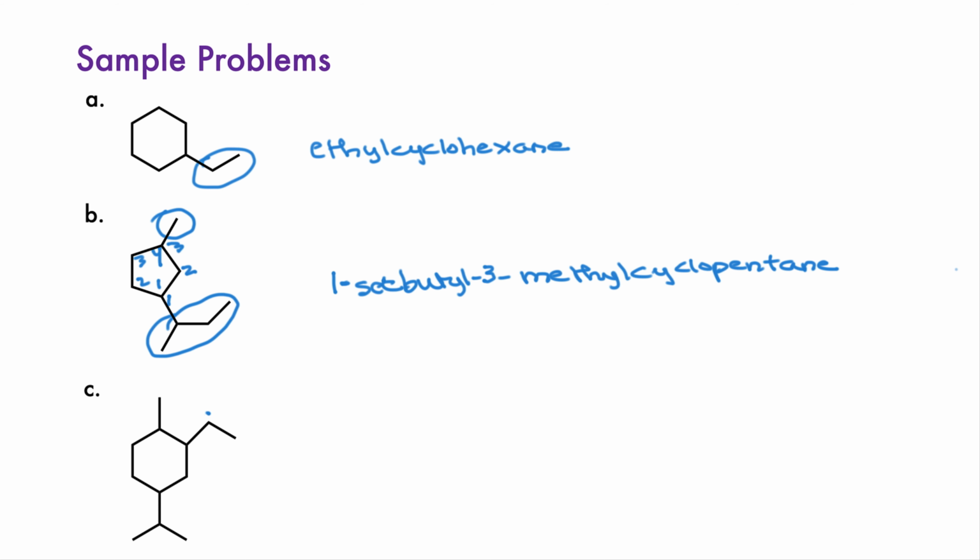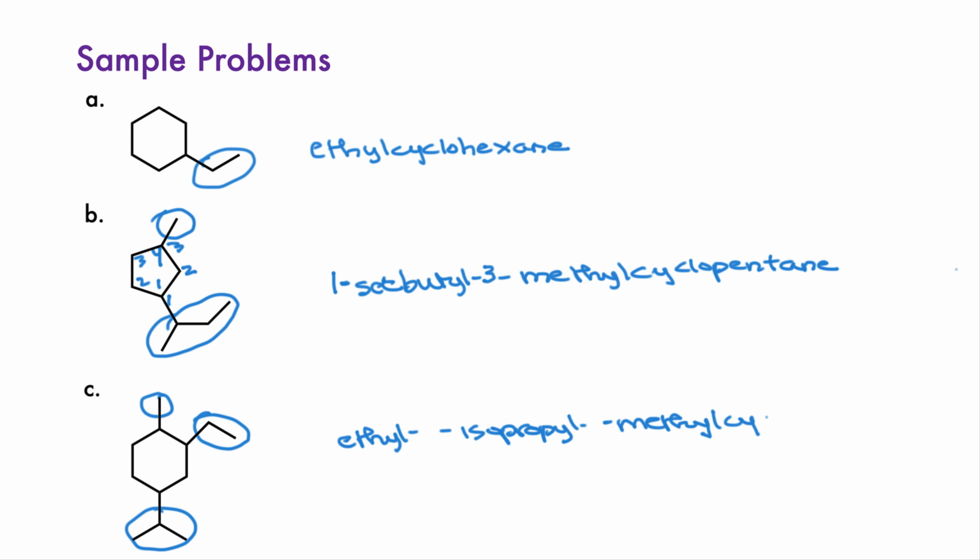The last molecule is a cyclohexane with ethyl, isopropyl, and methyl substituents in alphabetical order. So this is an ethyl, isopropyl, methyl, cyclohexane. Since it has 3 substituents, we number to give them the lowest numbering scheme at the first point of difference.